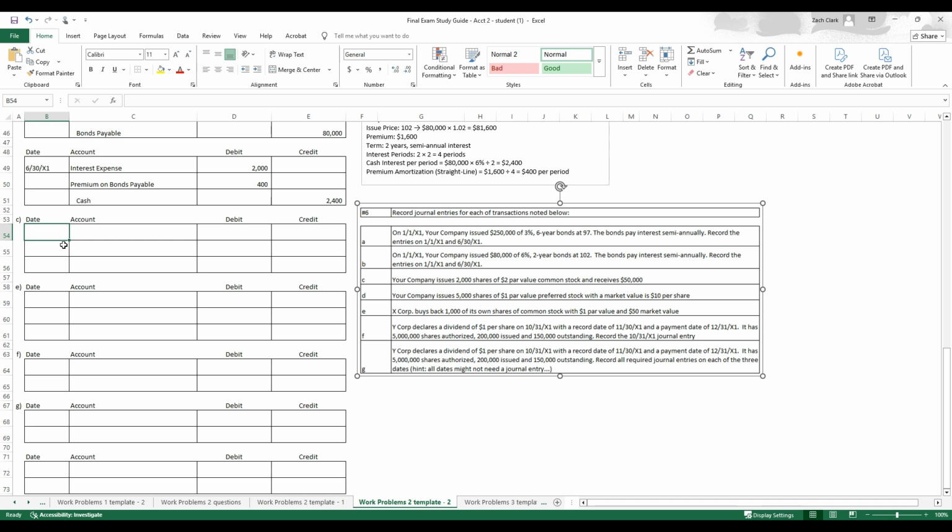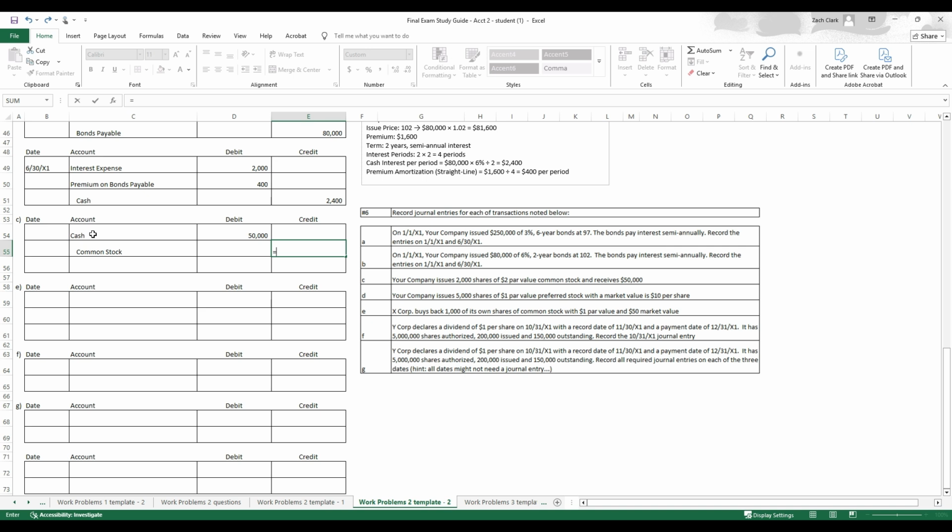So now we're on C, and C says your company issued 2,000 shares of $2 par value common stock and receives 50,000. It doesn't really give us a date in these, so I'm just going to bypass that and go into the entry. So we got cash. It tells us we received $50,000, and we're doing common stock here. Remember that the common stock is always just the par value times the number of shares.